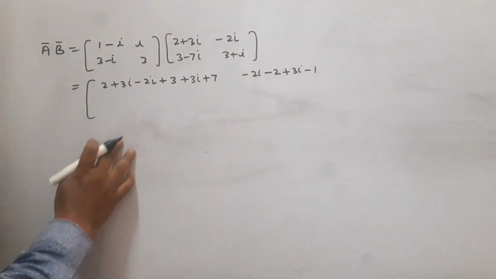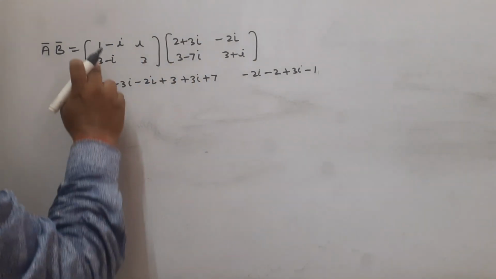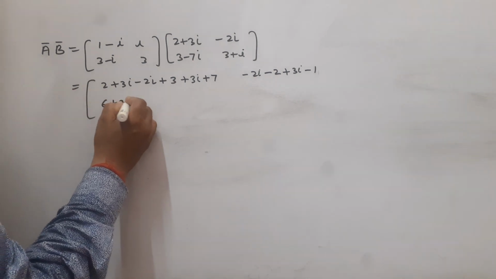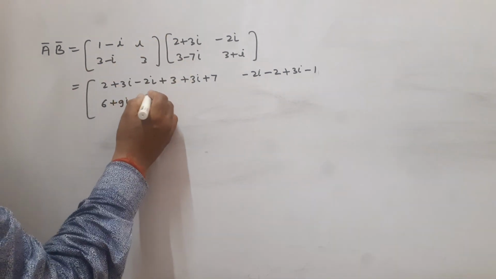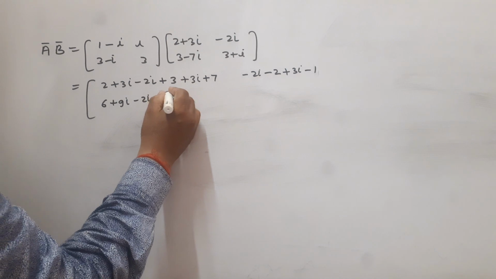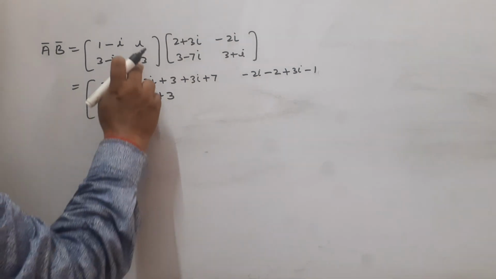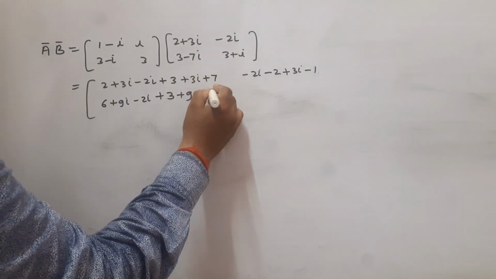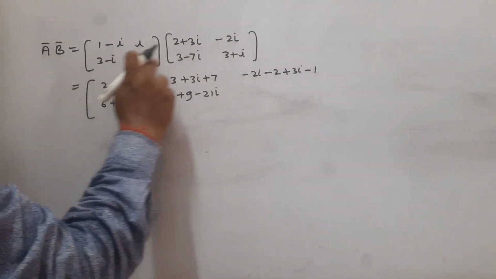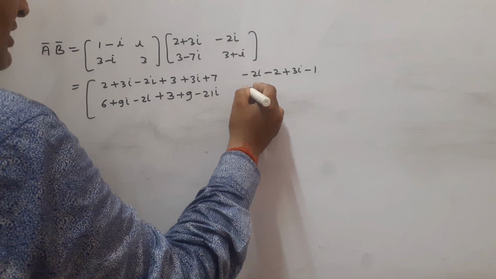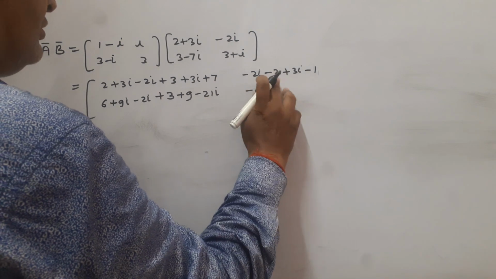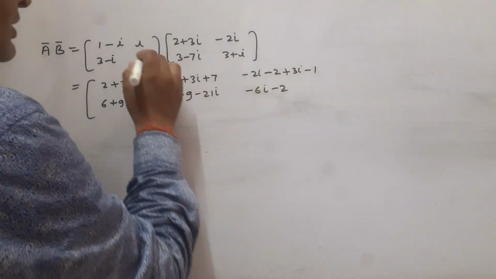Second row multiplied by first column, so 3 times 2 is 6, plus 3 times 3i is 9i, minus 2i minus 3i square, so this is plus 3, and 3 times 7i is 21i.